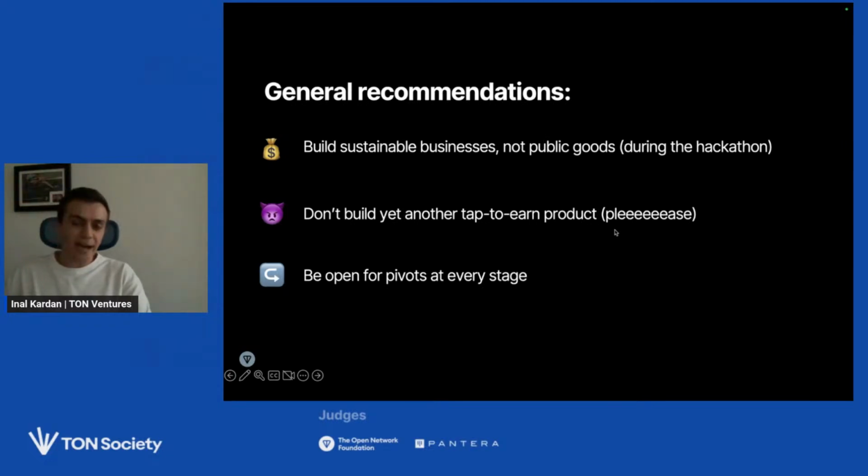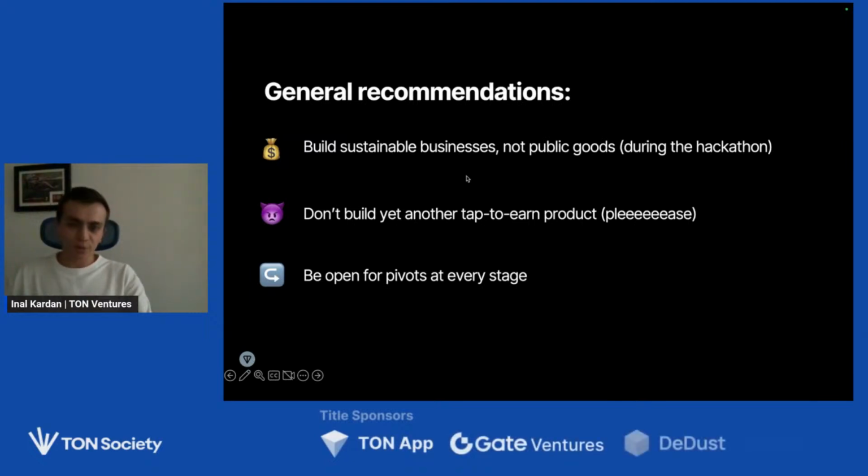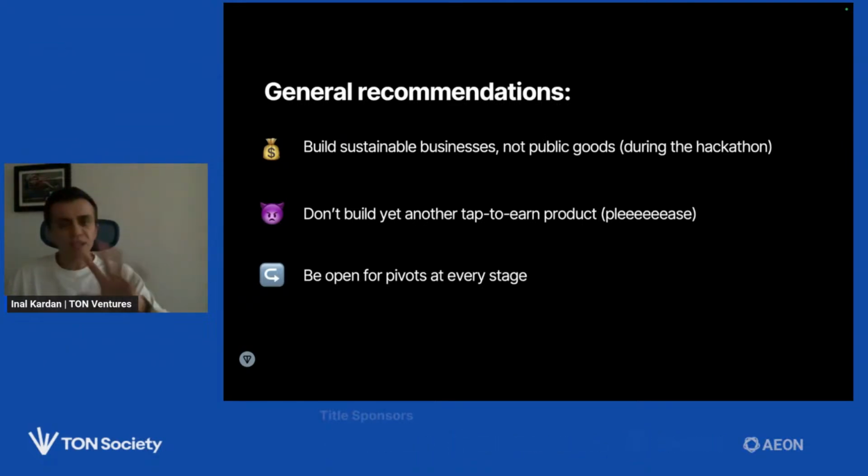So do not try to build yet another typical tap to earn product with nothing new. And be open for pivots at every stage. So be open to change something if you see that it doesn't work, or if you get good feedback from experts on the bootcamp or wherever. So these are the general recommendations we have to start with.